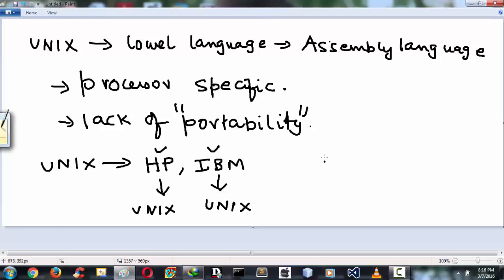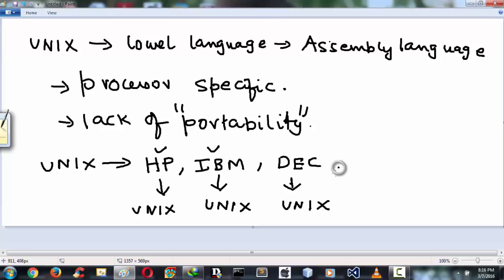And if tomorrow DEC, Digital Equipment Corporation, comes, these being the major players in those days, unlike nowadays when we have Microsoft, IBM and Apple, they again have to give the Unix operating system based on that architecture.